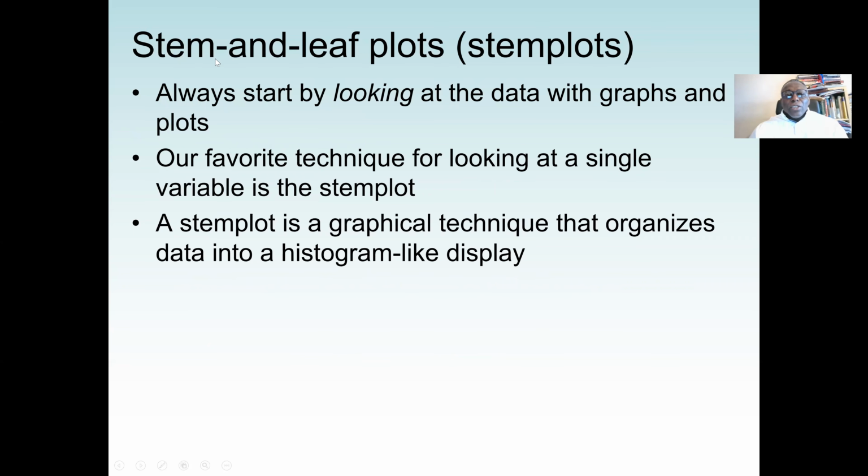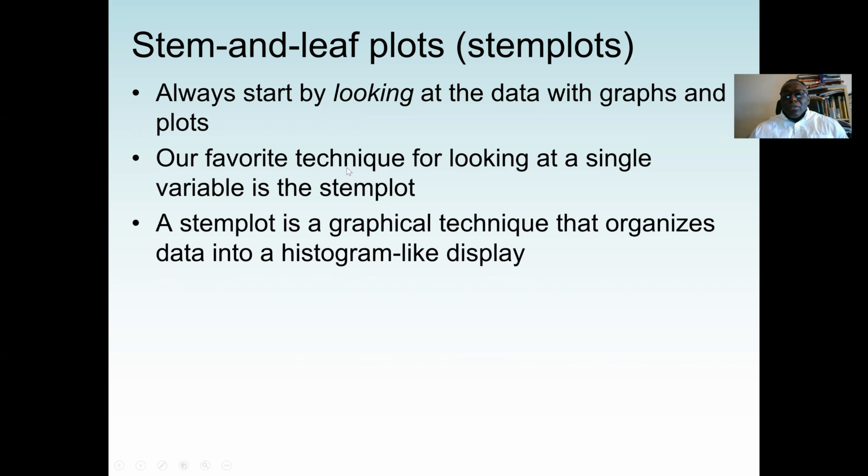So first we start with the stem and leaf plots, which sometimes we call stem plots. Here we always start by looking at the data with graphs and plots. Anytime we have a data set, we always try to find a pattern or type of distribution of the data by using a graph or a plot, which is the visual representation of the data.